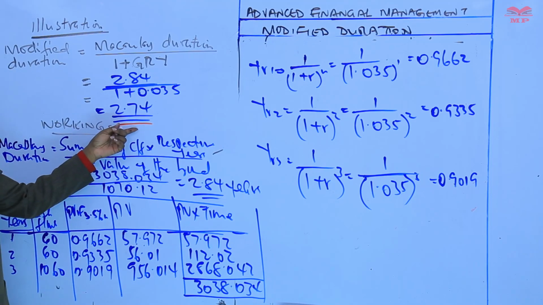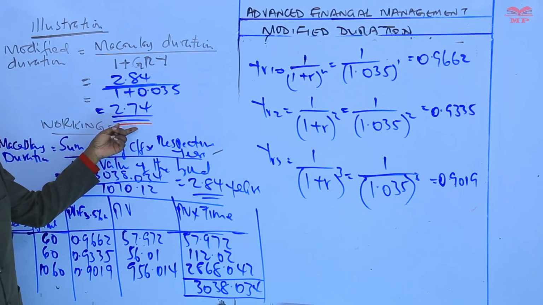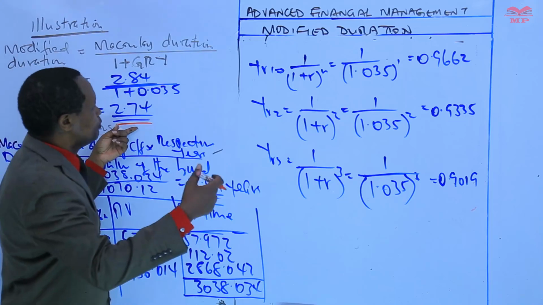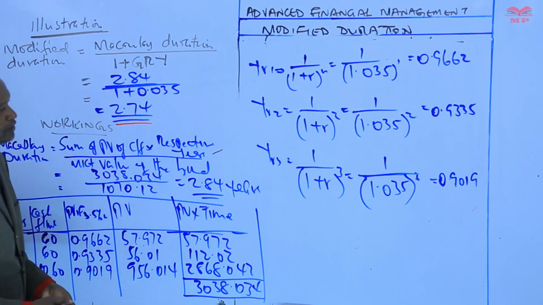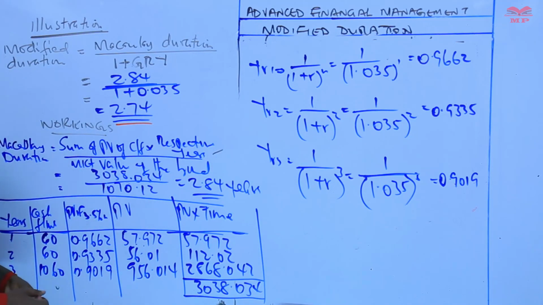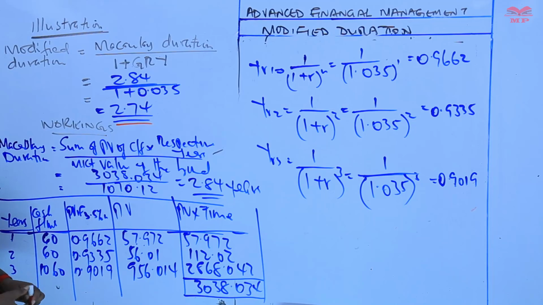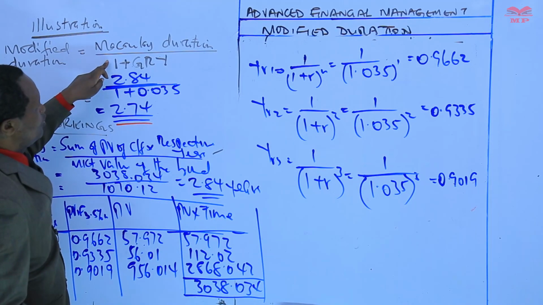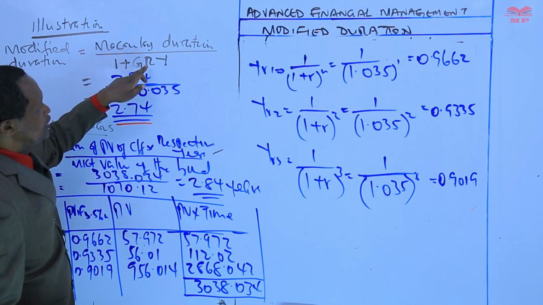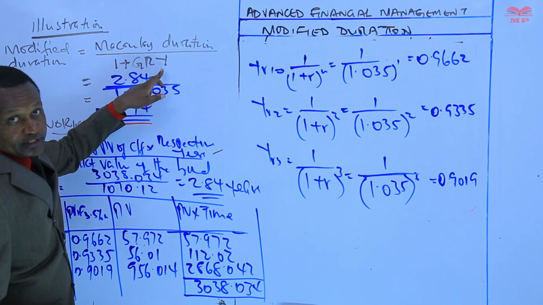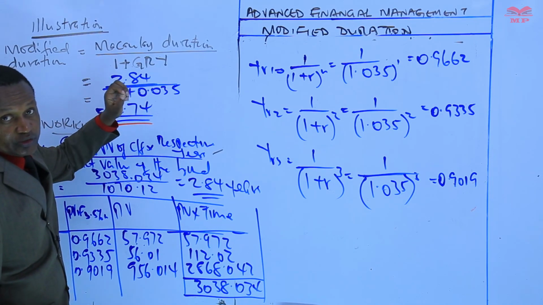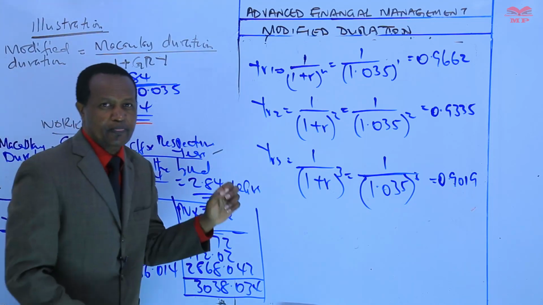But if interest rates fall by 1%, the bond's price is expected to rise by approximately 2.7%. That is the interpretation of modified duration, which is calculated by dividing the Macaulay duration by 1 plus the gross redemption yield.